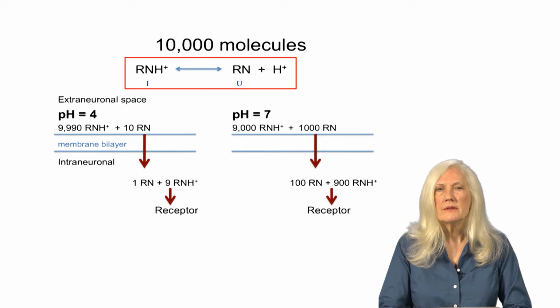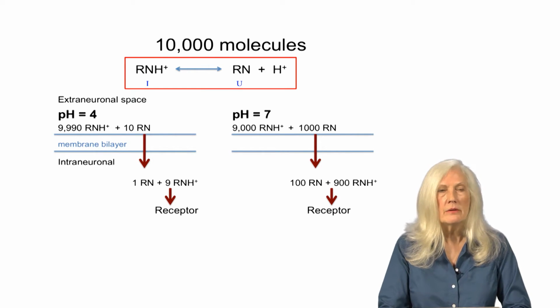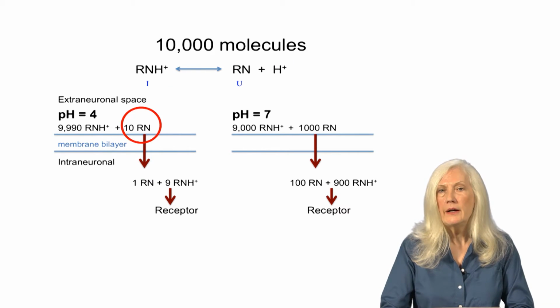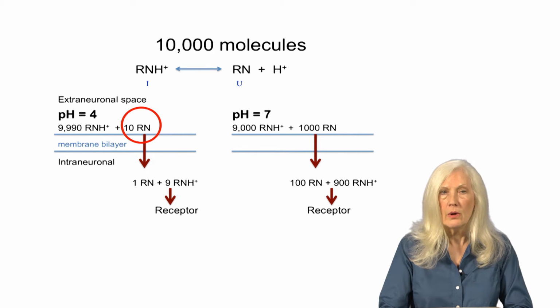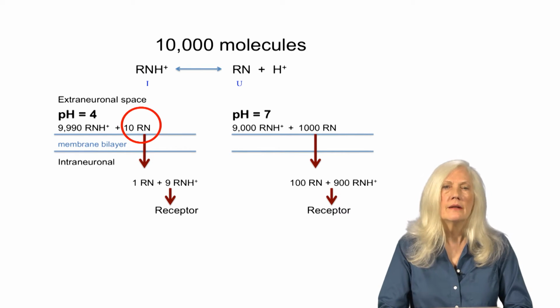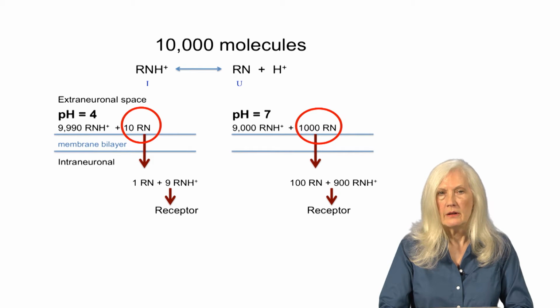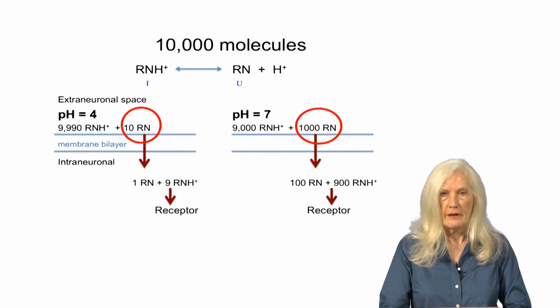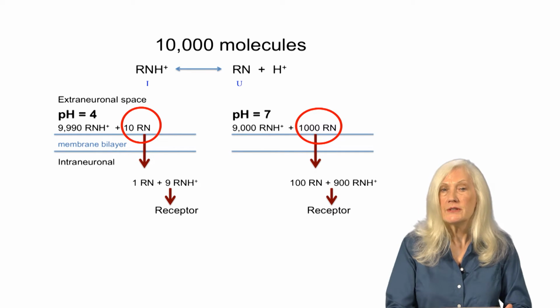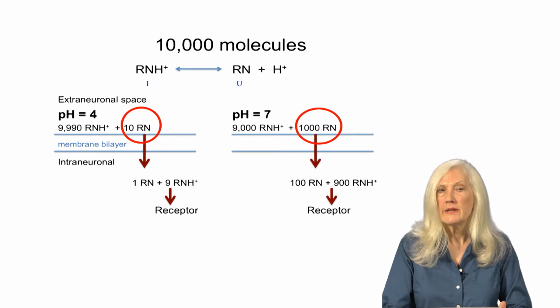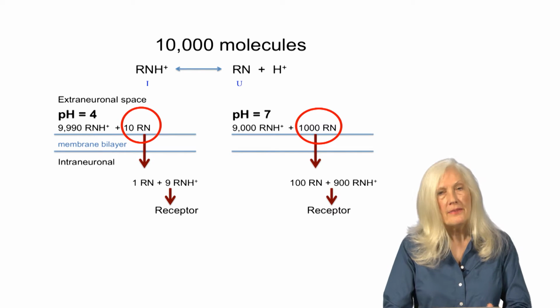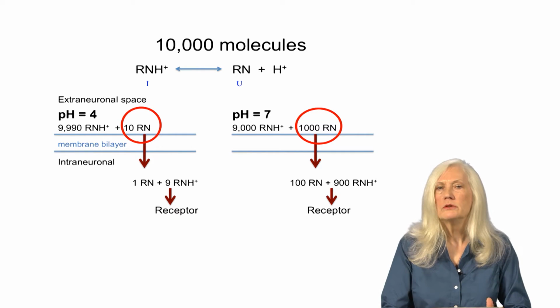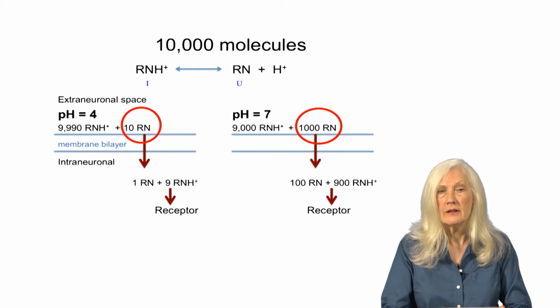If we start out with the same amount of drug, but dissolve them in two different pHs, the absolute amount of drug found in the unionized form at pH 4 will be much less than the amount of drug at pH 7. So in our example, only 10 molecules of the drug are available to cross the membrane and enter the cell when the extracellular environment is pH 4 or slightly acidic. However, 1,000 molecules of the drug are available to pass through the membrane at pH 7.